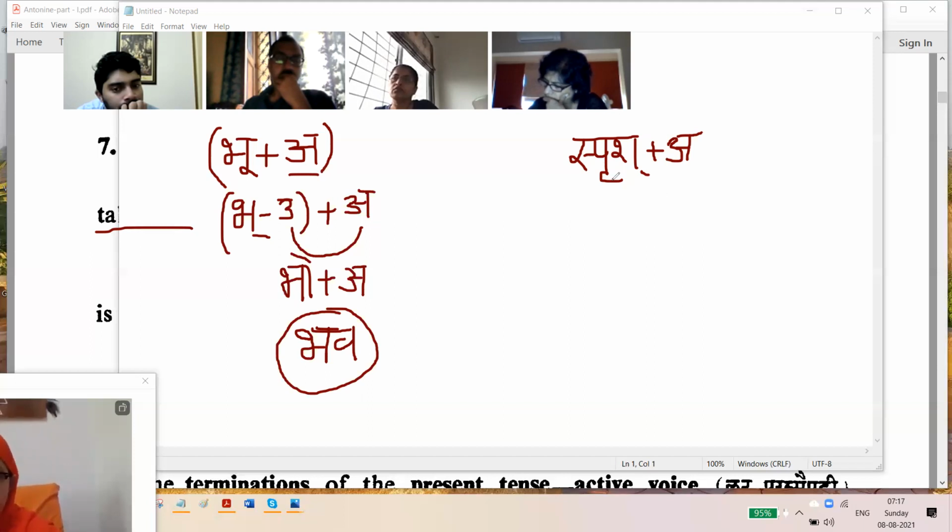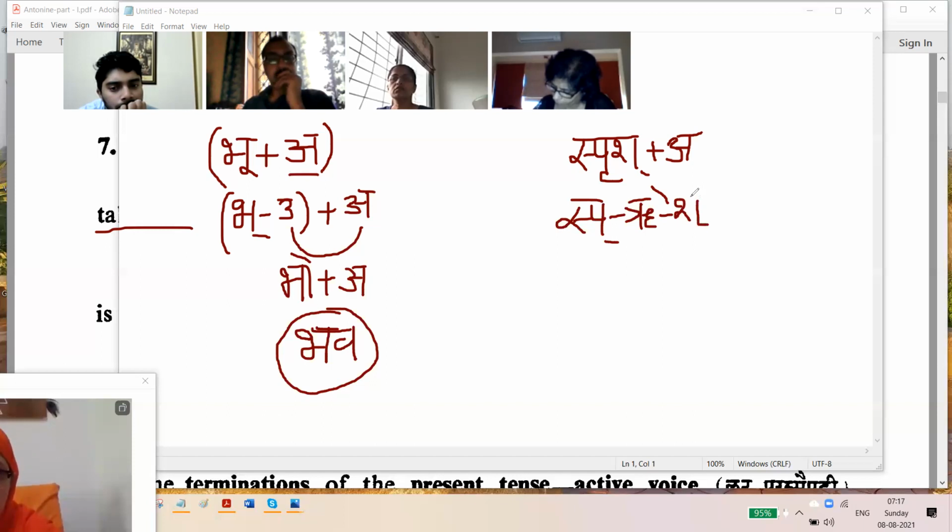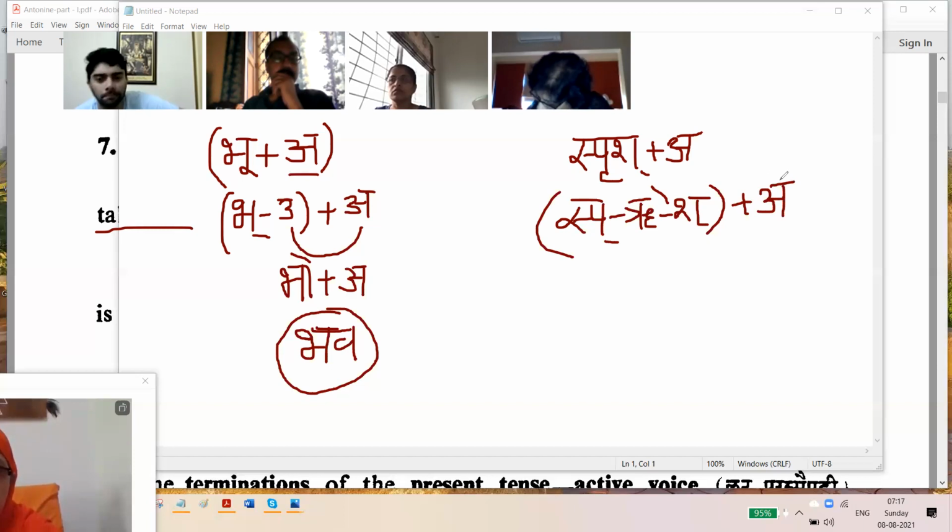In the same way, here sprush. So we have spa, r, and sha. Again this akara causes guna of the medial short vowel.